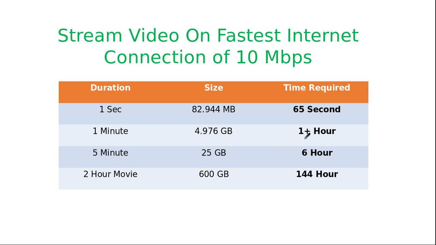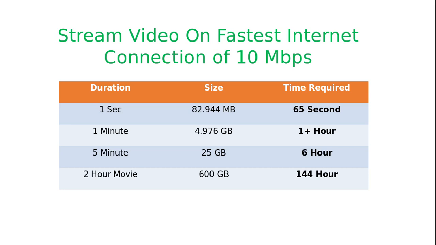For 1 minute it requires more than 1 hour. For a 5-minute video it requires 6 hours, and for a 2-hour movie it requires almost 144 hours, which is nearly 6 to 7 days. So you can think that just for watching 1 second of video on YouTube, you need to buffer that video for 65 seconds, and no user is going to stay there.